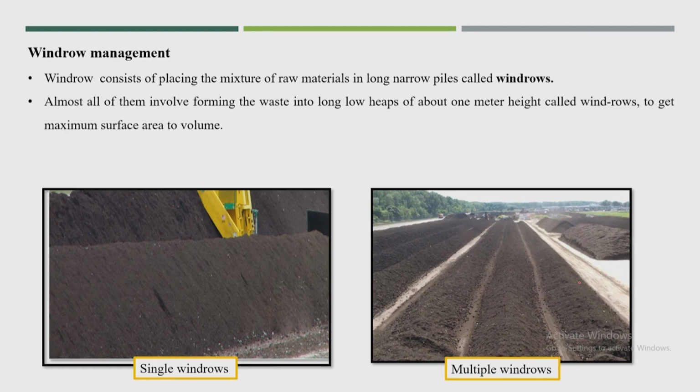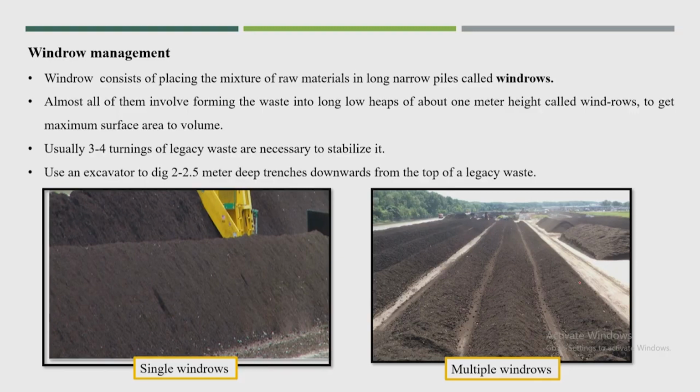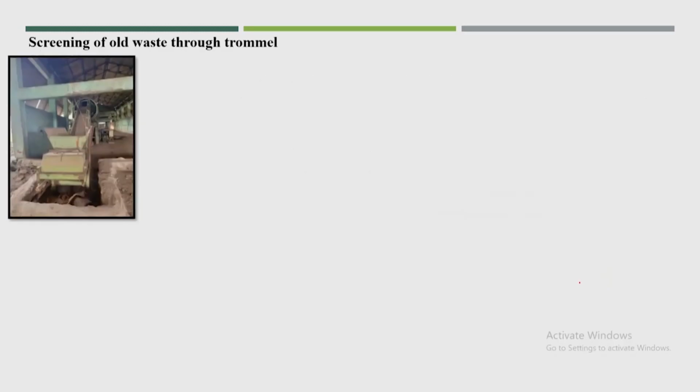Almost all methods involve forming the waste into long, low heaps of about 1 meter height, called windrows, to get maximum surface area to volume. Usually 3 to 4 turnings of legacy waste are necessary to stabilize it, and use an excavator to dig deep trenches downward from the top of the legacy waste. And now, after 20 to 30 days, go for screening.